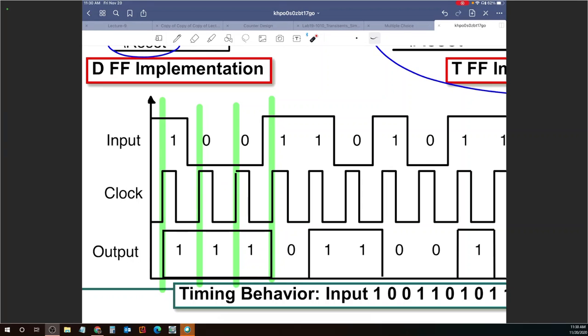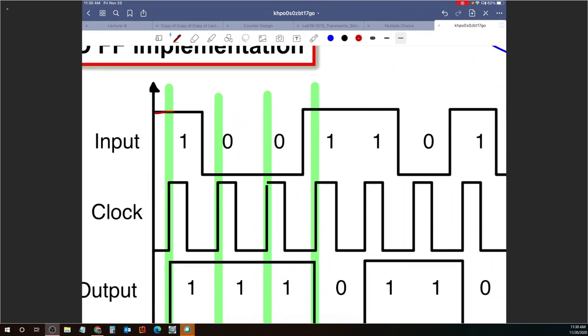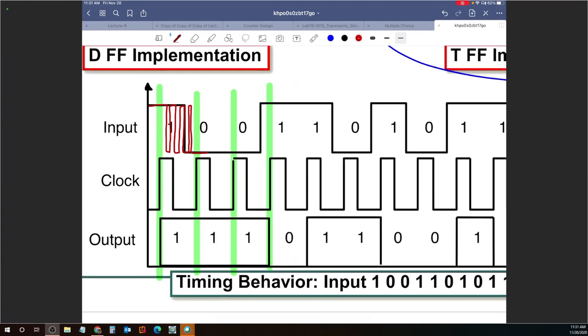Now, one thing that I want you guys to notice here is this. What if our input went from 0, 1 here to a 0 and a 1 and a 0 and a 1 and a 0 there? Would the output change at all?